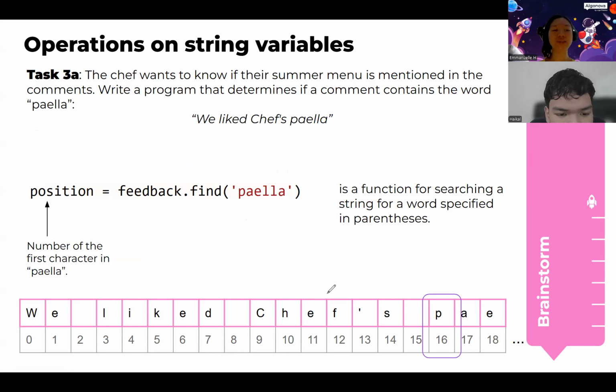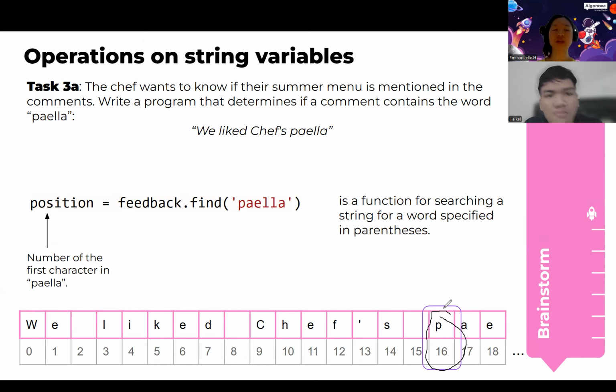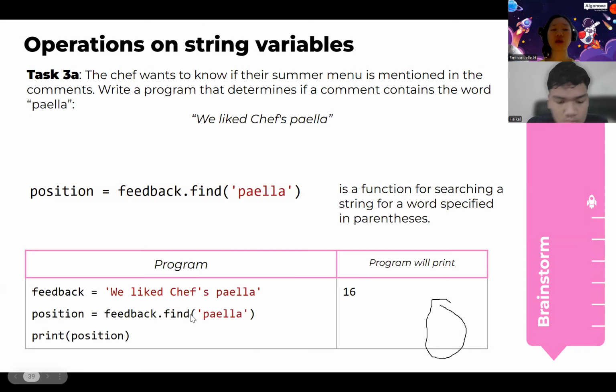The first character of paella is P, and P is at index 16. So if we do feedback.find paella, it will return 16, because paella starts with P and P is at index 16.